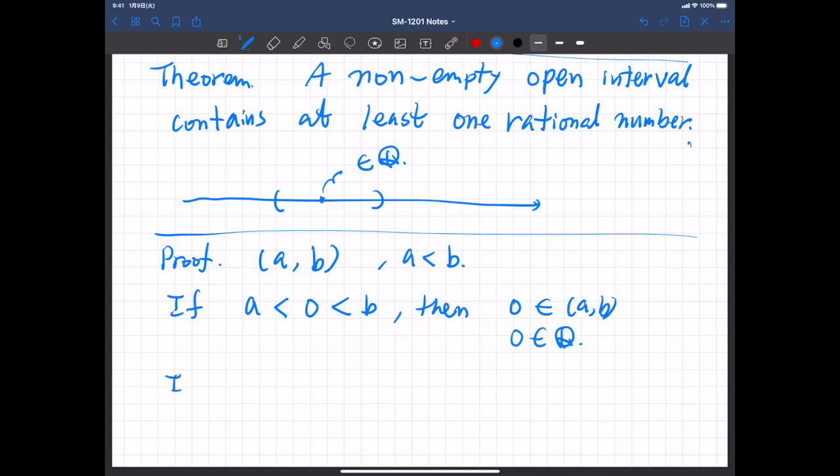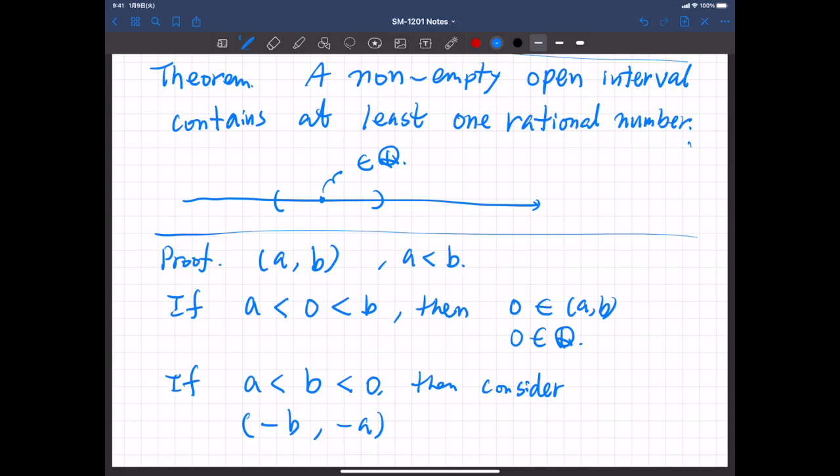Then if both are negative, a is less than b and b is less than 0, we can consider the interval from negative b to negative a.